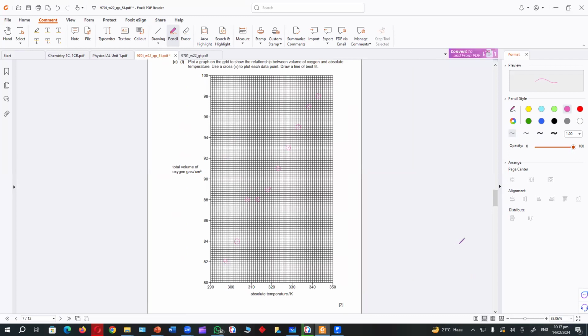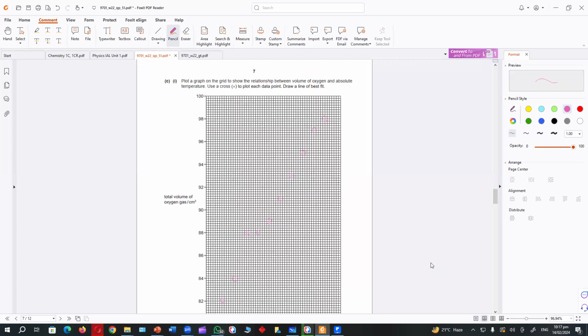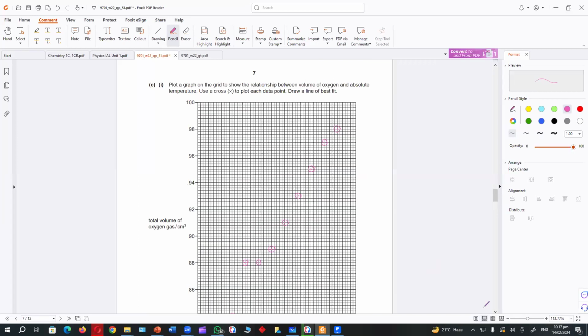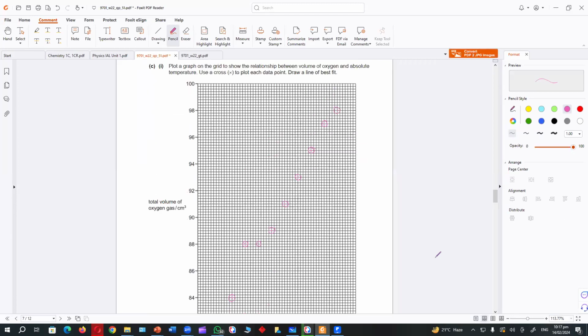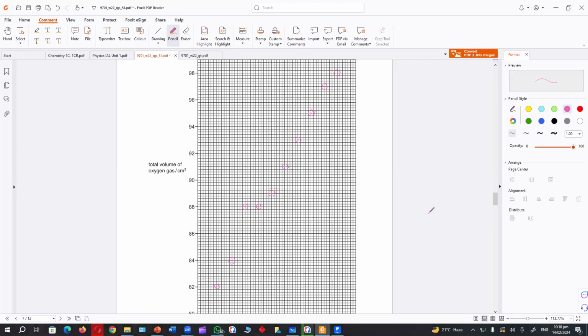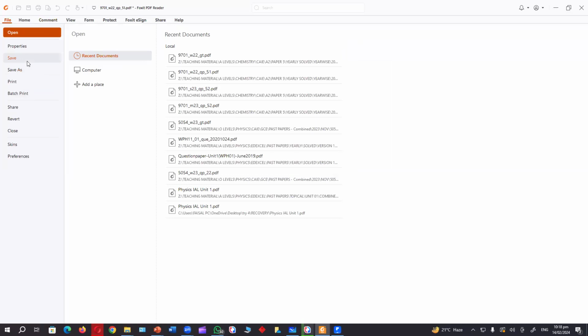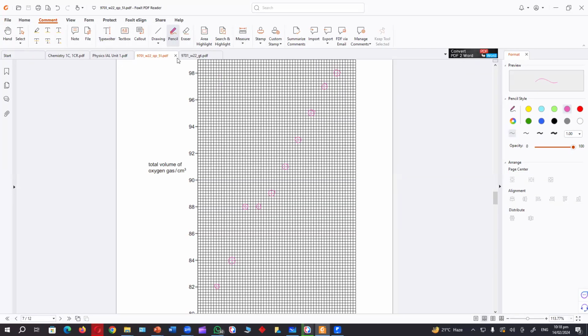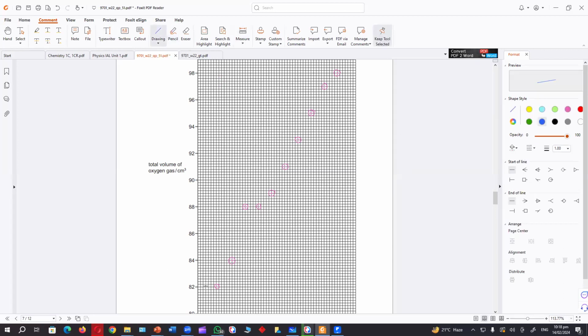So let's draw a straight line, which is somehow the line of best fit. I'm getting this line. Yeah, me too.